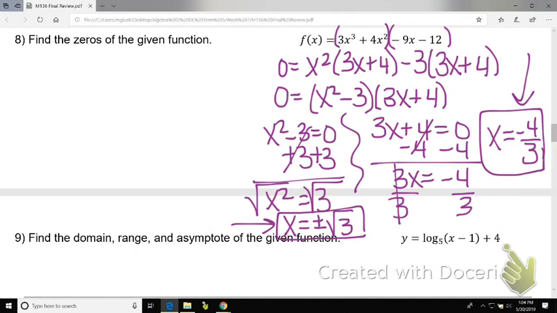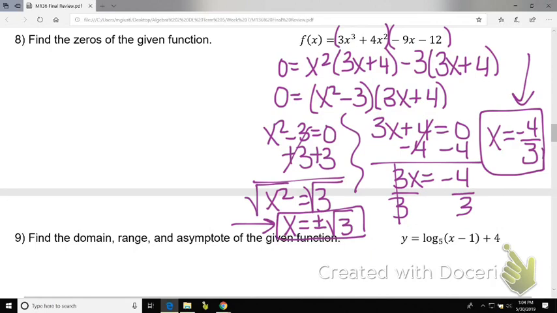And I feel like the day that I went over the starred problems, I told you on number 10 that the only time that there is a slant asymptote or oblique is when the degree up top is bigger than the degree on the bottom. And in this case, it's not. So we don't have to worry about slant asymptotes.